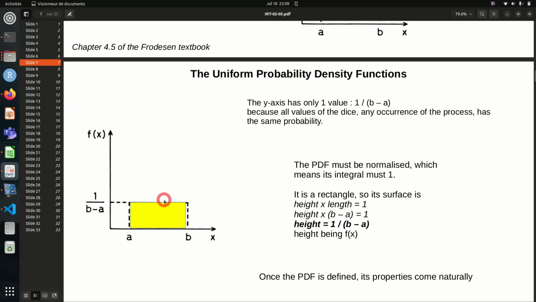Here we are going to find a consequence of the fact that the PDF is normalized. You remember that normalized means that the integral over the whole range is 1. In this case, it's really simple because it is a rectangle, which means the surface of this rectangle is 1. And when we write the equation height times length equal 1, we end up with the height here being simply this value.